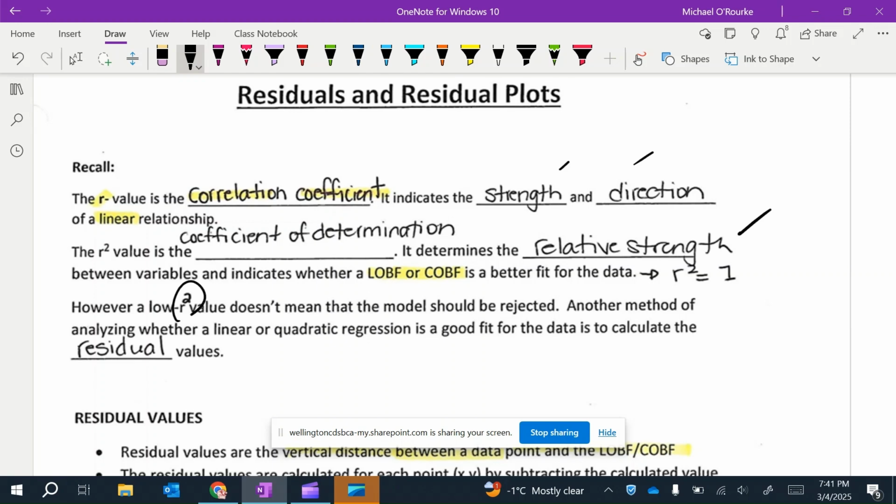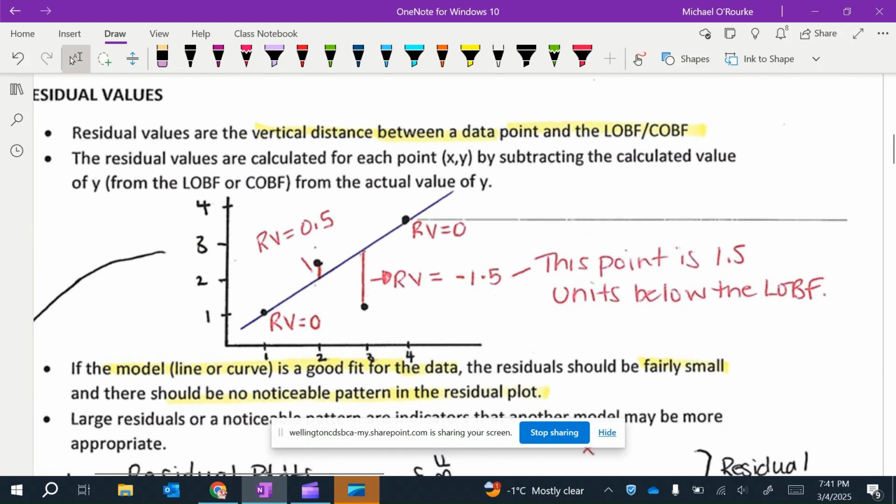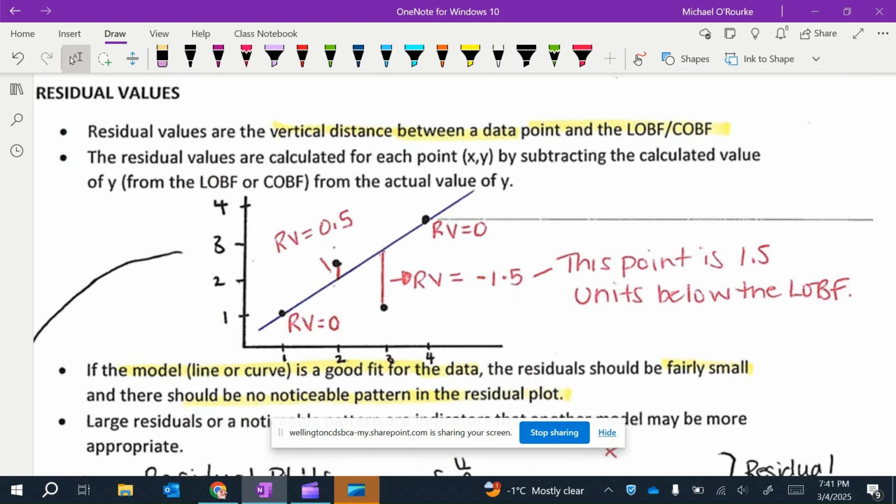It's called residual plots. So a residual plot is a plot of residual values. We have a chart with a line of best fit with our data points.